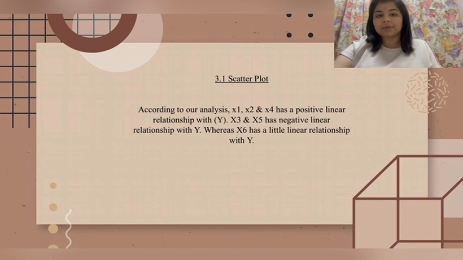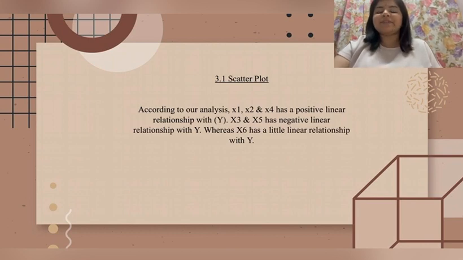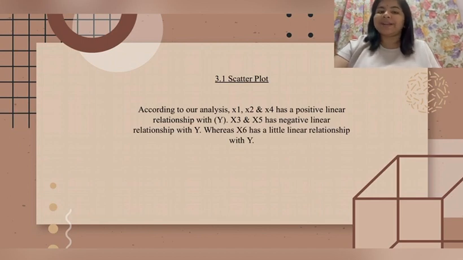Next is the scatter plot. According to our analysis, x1, x2, and x4 have a positive linear relationship with y, while x3 and x5 have a negative linear relationship with y, whereas x6 has little linear relationship with y.